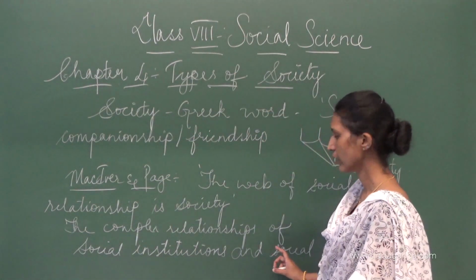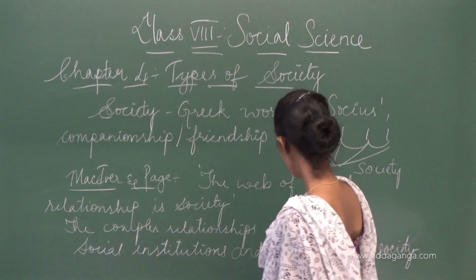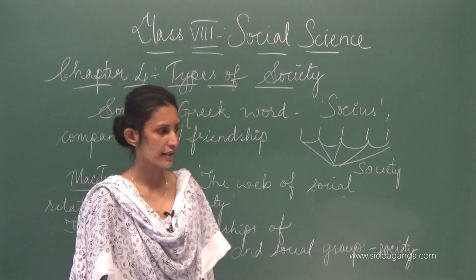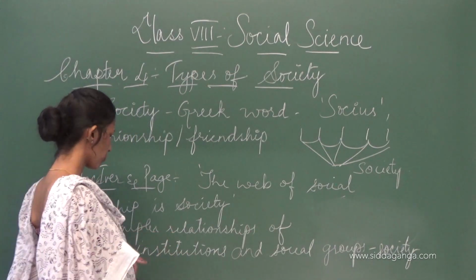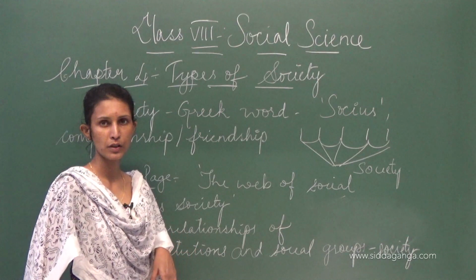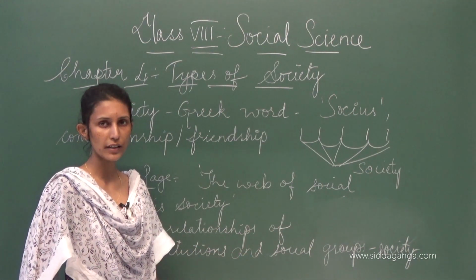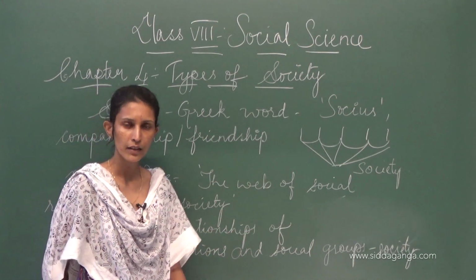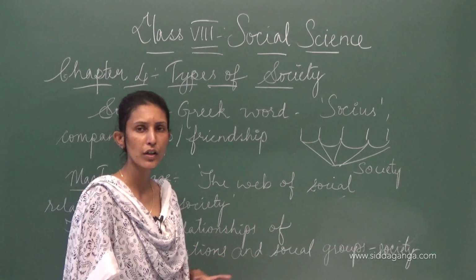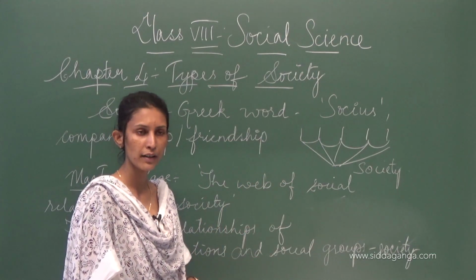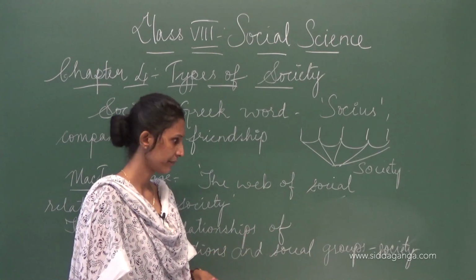They have said the complex relationships of social institutions and social groups is society. Now understand it like this. Now we don't directly have any contact. If you take the hospital, do you have direct contact with the hospital? If you are sick, you go. Otherwise, do you go every day there? You don't go, right? Only when you are sick, when you need a doctor's assistance, you go to the hospital.